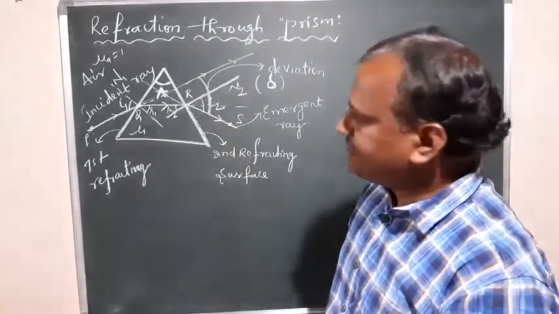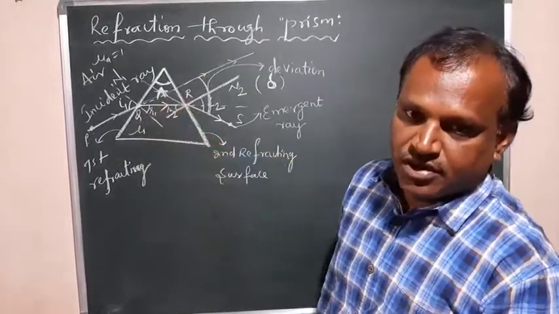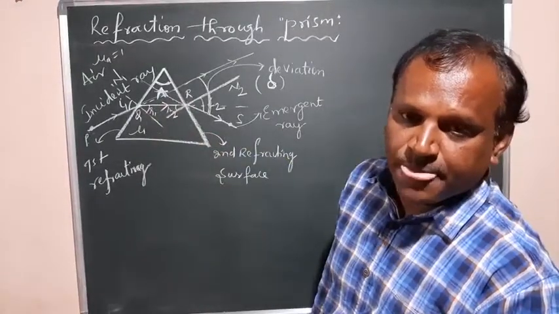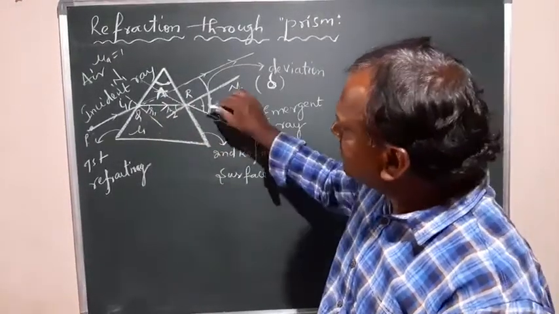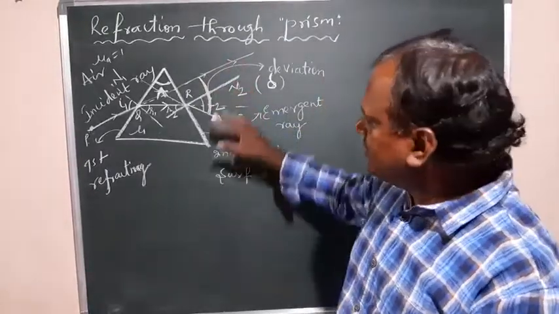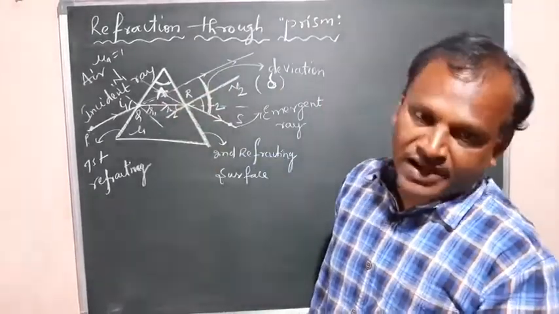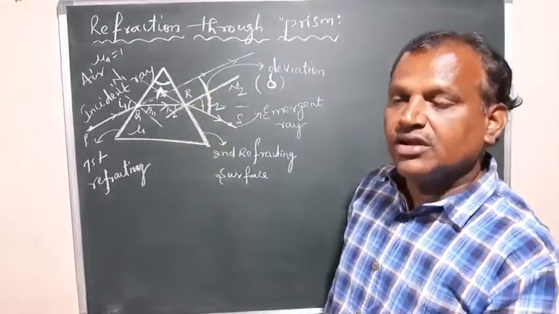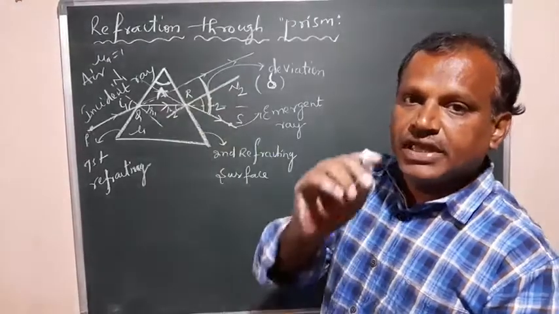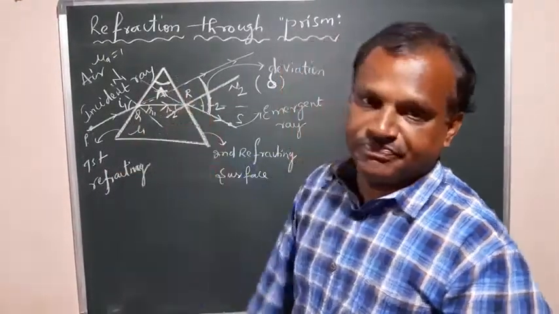Now here the prism formula is there. The prism formula applies whenever the deviation is minimum. The deviation made by this light is minimum. Under that condition, what is the equation for the refractive index of this glass prism?